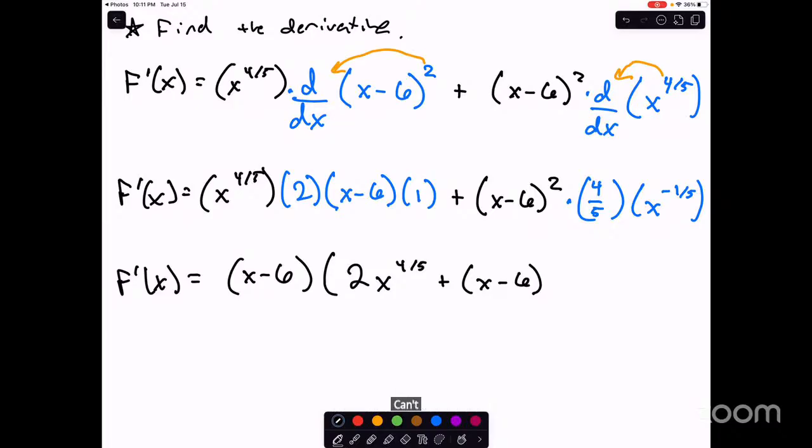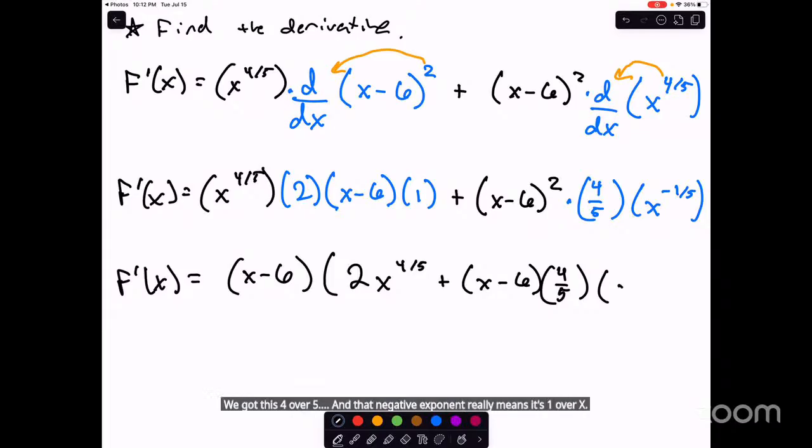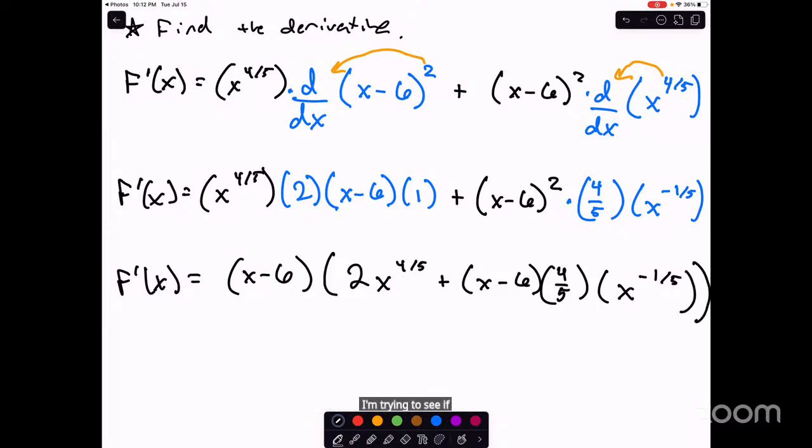Can't get anything else. We could factor out a 2, maybe. We got this 4 over 5. And that negative exponent really means it's 1 over x. I'm going to leave it as x to the negative 1 over 5 for now. I'm trying to see if I can simplify this down at all.